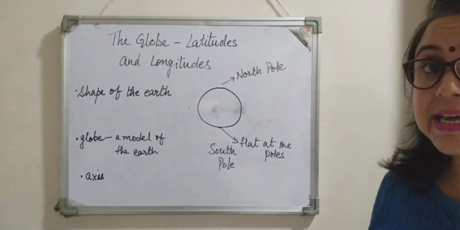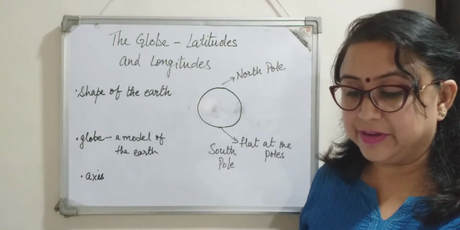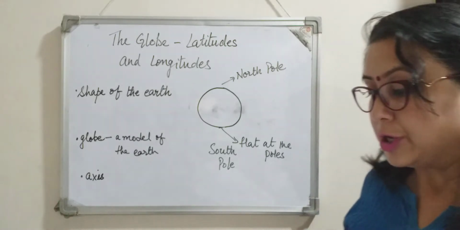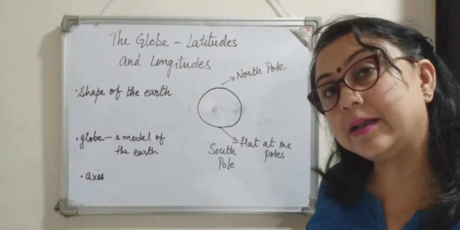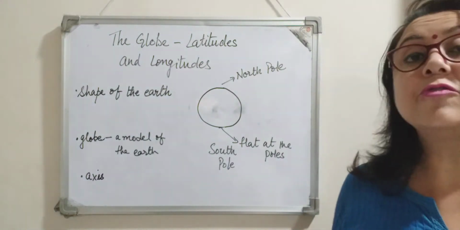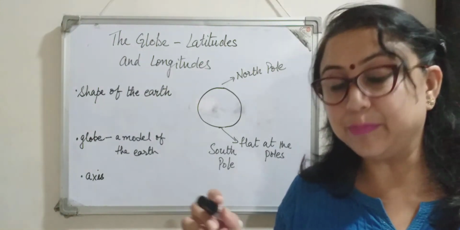If we see the diameter, the polar diameter is around 12,712 kilometers, and the circumference is 40,000 kilometers, right? This is at the poles.